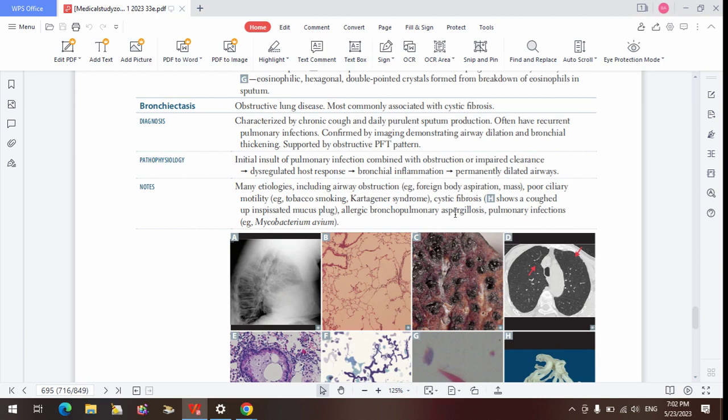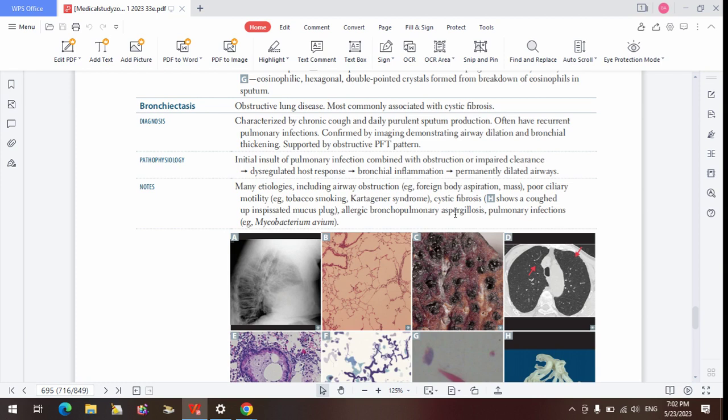So when there's obstruction with accumulation of that mucus plug, the mucus plug serves as a nidus for infection to come in. So infection comes in, you have inflammatory mediators that come around, release cytokines and everything that destroys those airways. So at the end of the day, they are destroyed, and particularly the larger airways become dilated.